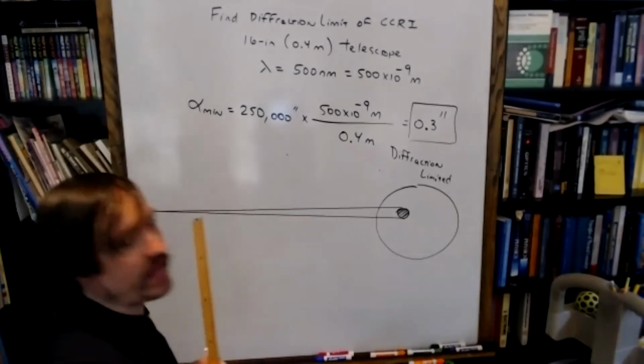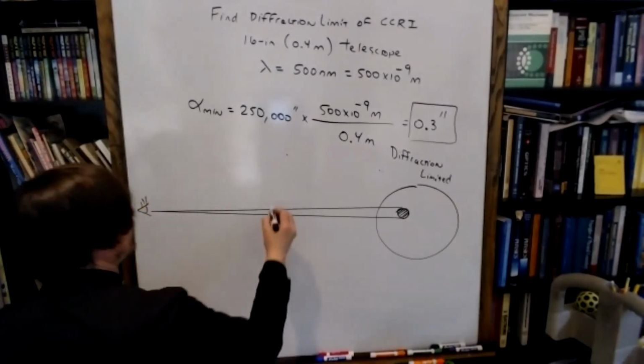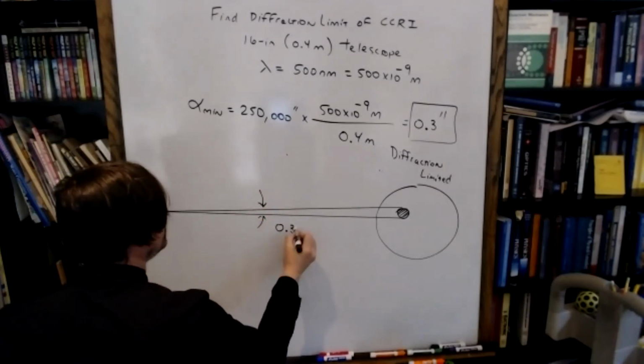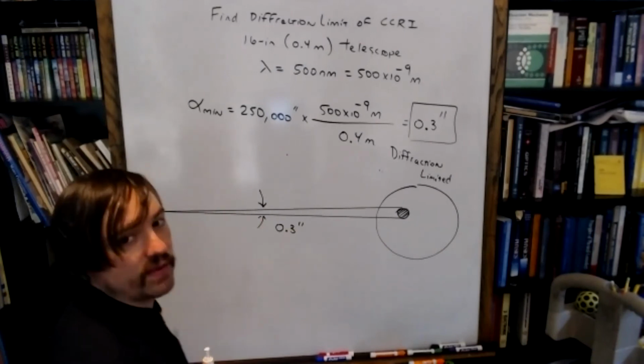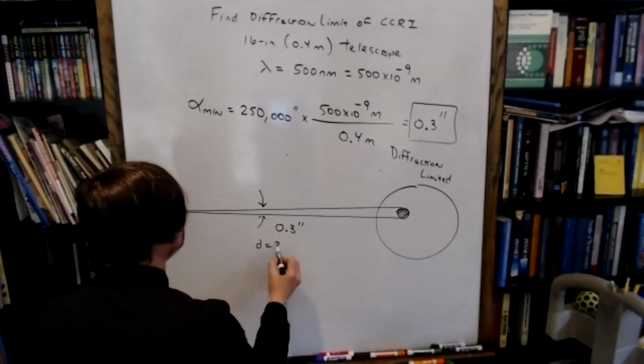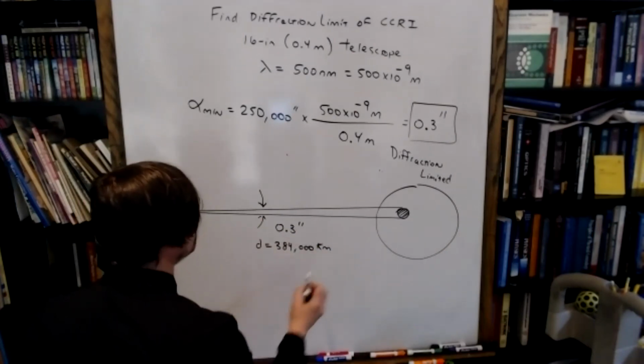Let's imagine that here's my telescope over here, and that I was diffraction limited and I could see a feature that was 0.3 arc seconds across. The distance to the moon is 384,000 kilometers.